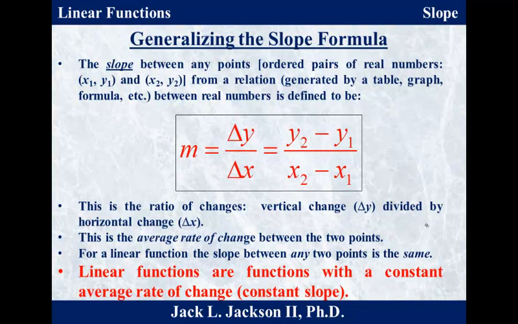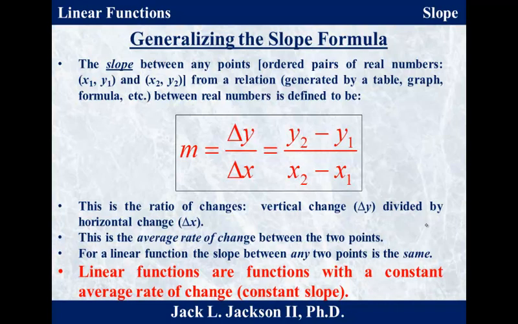Notice that this is a ratio, or division, or fraction, of changes. We have the vertical change, delta y, on top. It's how much, if you go from point 1, the x1, y1, to point 2, x2, y2, delta y is how much we moved up or down. If delta y is positive, from point 1 to point 2, we went up.